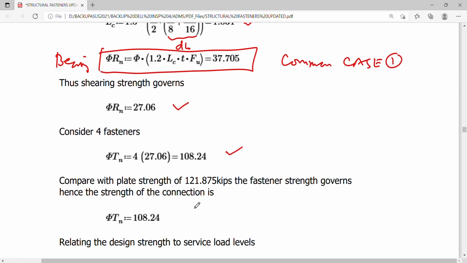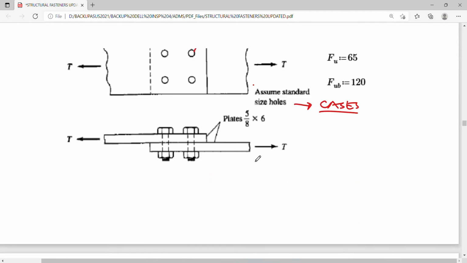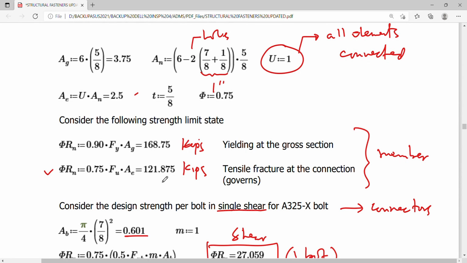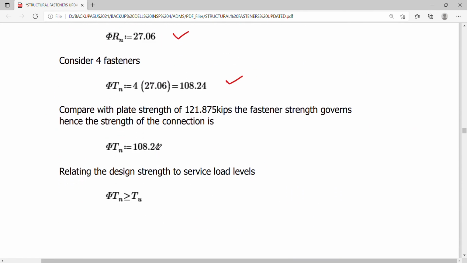Now we compare the connection and the plate capacity. If we look into the plate capacity here, it's 168 and 121. So your connector strength is lower, so this will now govern. So the connection is more critical.